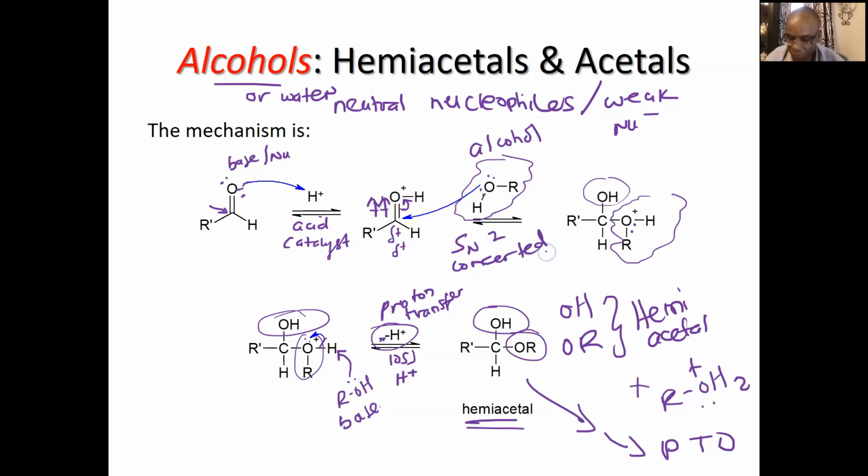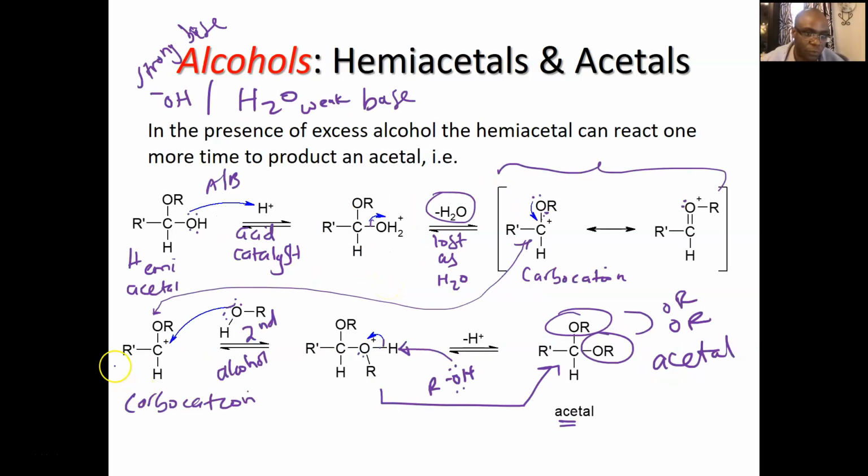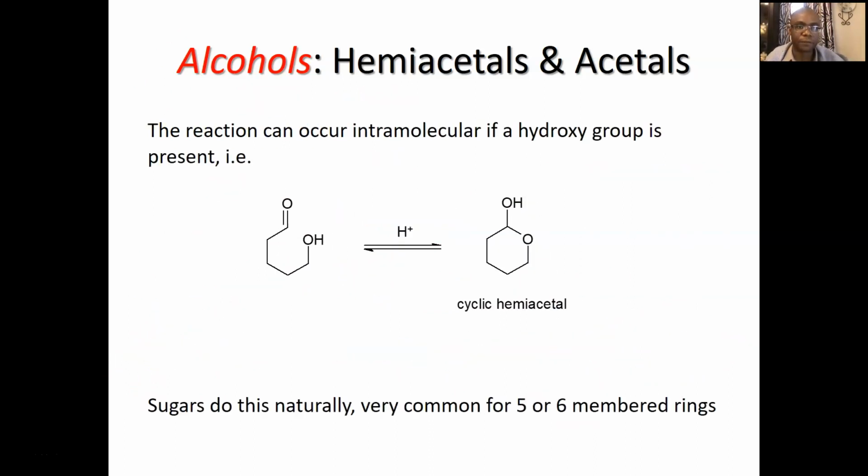So it's SN2 to make the hemiacetal. But if you take your hemiacetal one more step, you have to go to SN1 because we went through a carbocation intermediate. All right. So we'll continue from here.